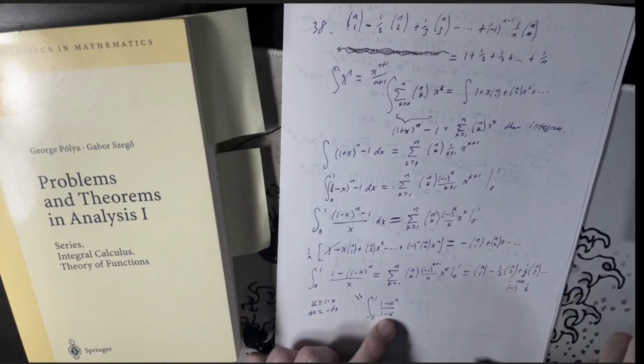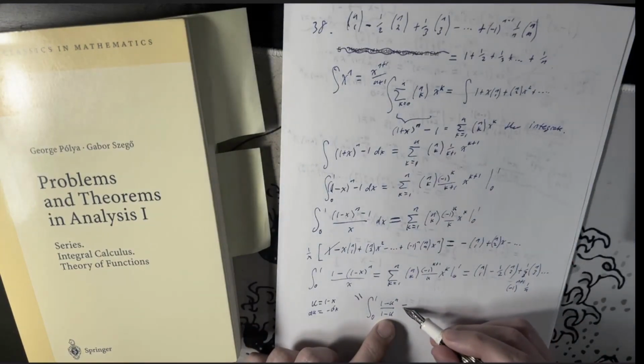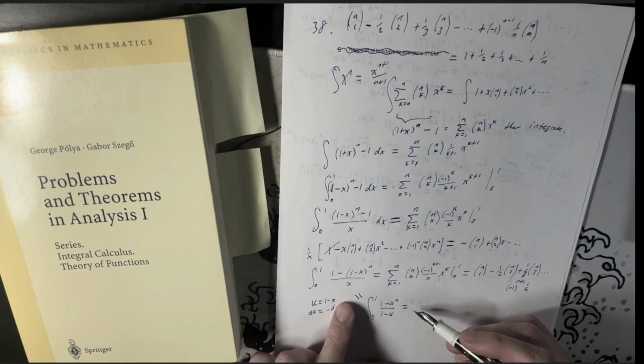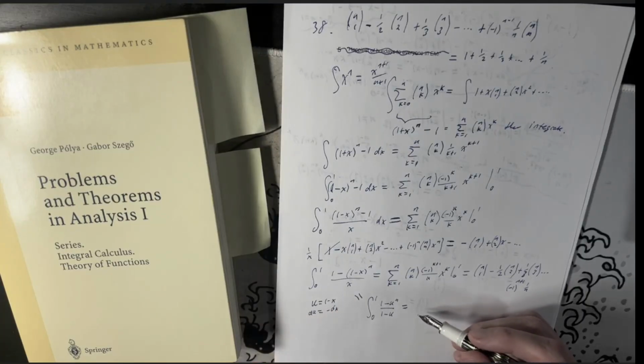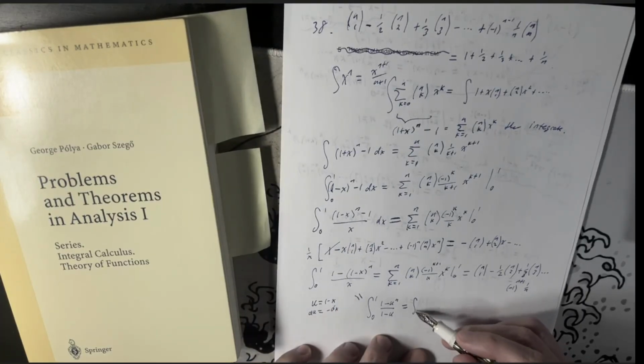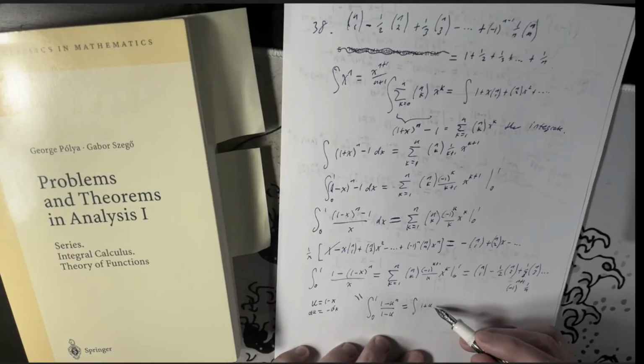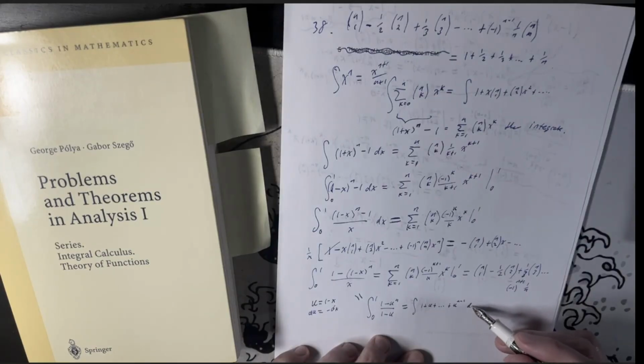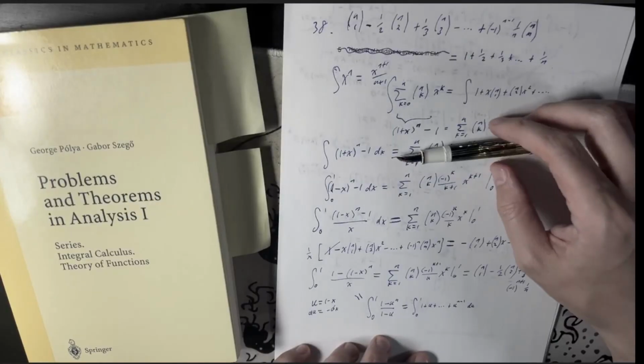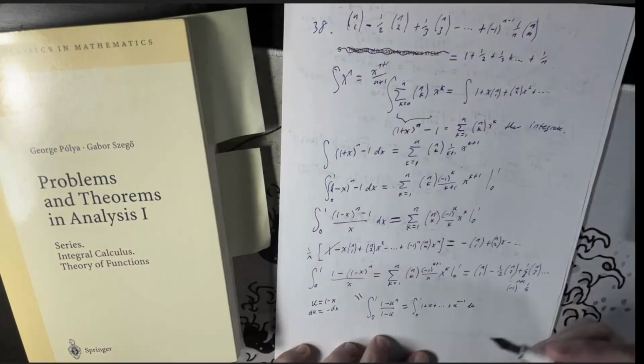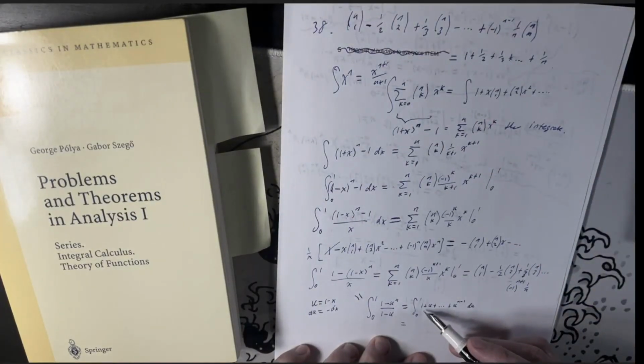Like, I was just noticing this is obviously, especially since this is a number between 0 and 1, the same as doing this. But that doesn't quite give me, oh, it does. It does give us what we want. It gives us 1 plus half plus a third, all the way up to 1 over n.